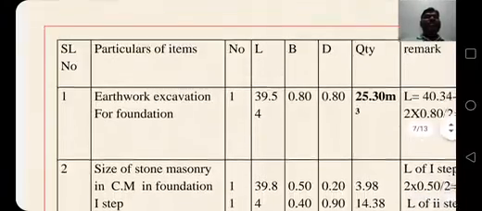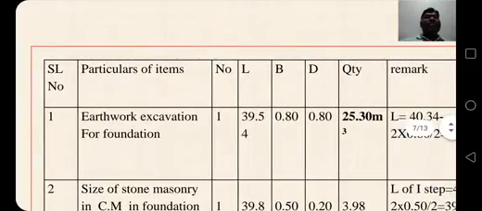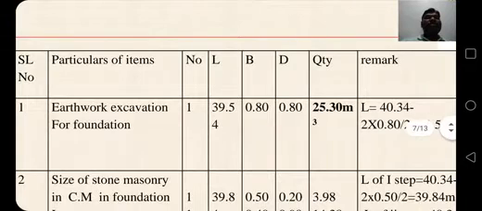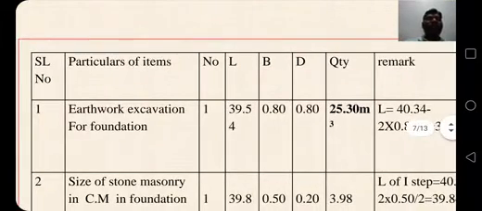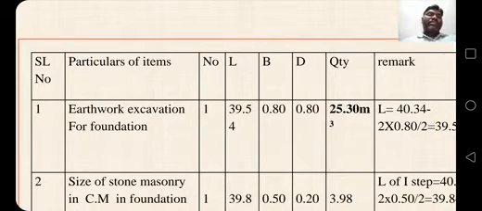The columns are serial number, particulars, numbers, length, breadth, depth, quantity and remark. First item is earthwork excavation for foundation 1 into 39.54 into 0.8 into 0.8.